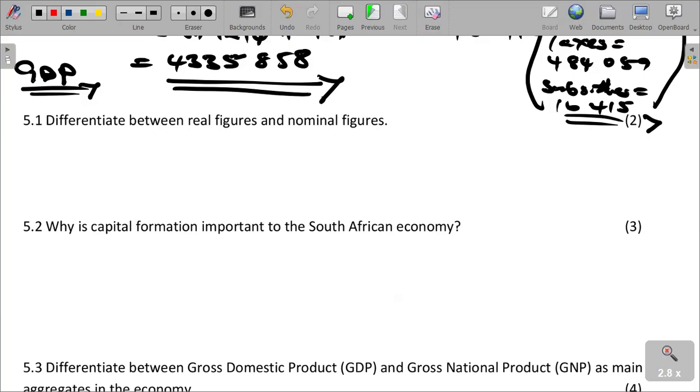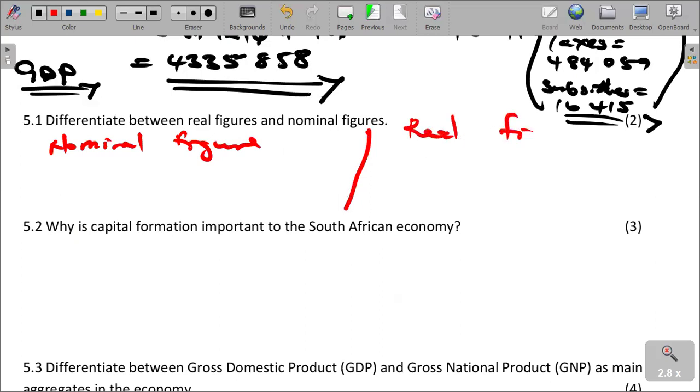So in other terms, I want you to know these two: nominal figures and real figures.